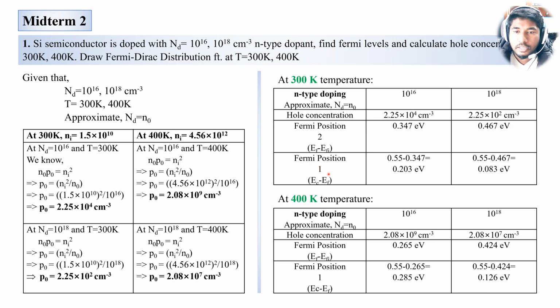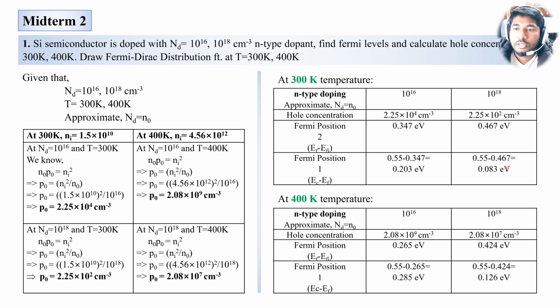And if we take the conduction band as the reference level, then the Fermi position is at 0.203 electron volt for 10 to the power 16 donor impurity concentration, and 0.083 electron volt for 10 to the power 18 donor impurity concentration.